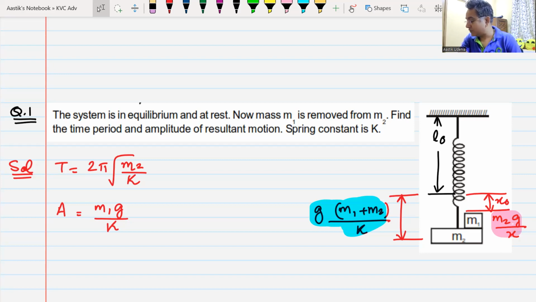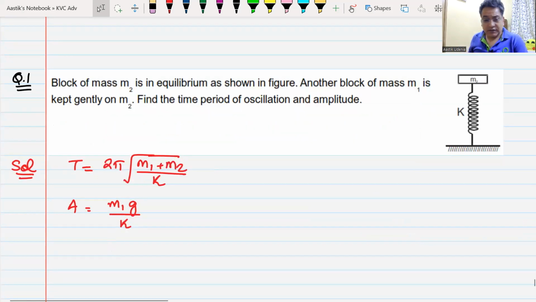So it's just the reverse of it, nothing else. Do we understand this? So the same question comes here with the same answer. The amplitude of oscillation is M1g by K. So we understand this? Okay.